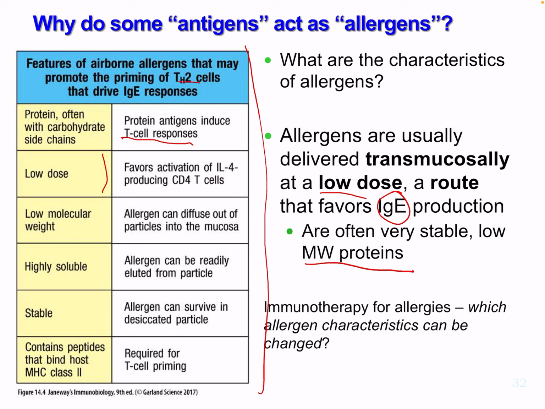There's a low dose, which favors activation of IL-4, low molecular weight, so the allergen can diffuse out of particles into the mucosa, highly soluble. They can be readily eluted from the particle. They're stable. They can survive for a while. And they contain peptides that bind to host MHC class II, which is required for T-cell priming.